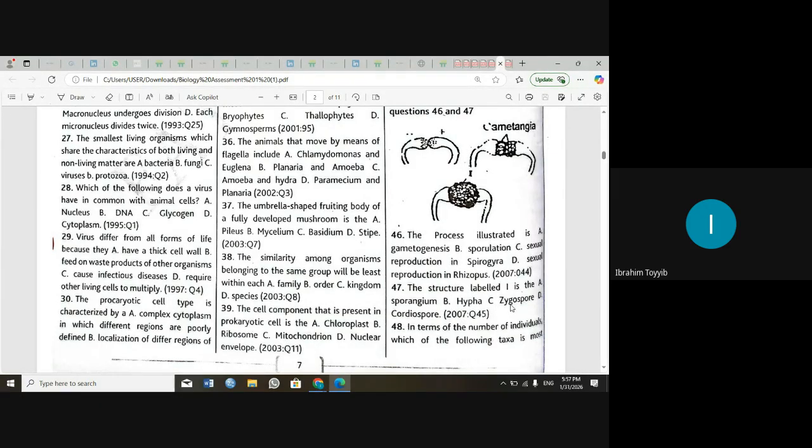The option that we can choose is zygospore. Conidiospore, I've told you, some fungi will not have sporangium. They will have conidia. So another form of sporangium in another fungi is the conidiospore.